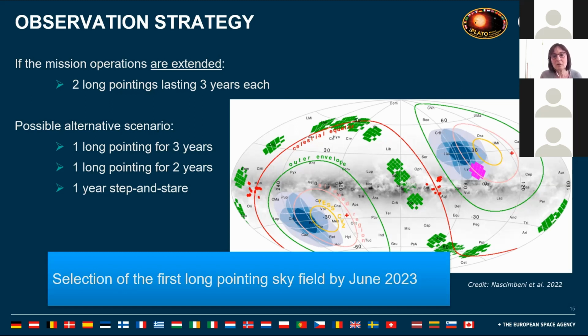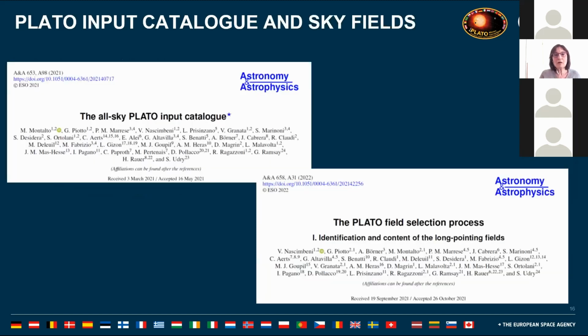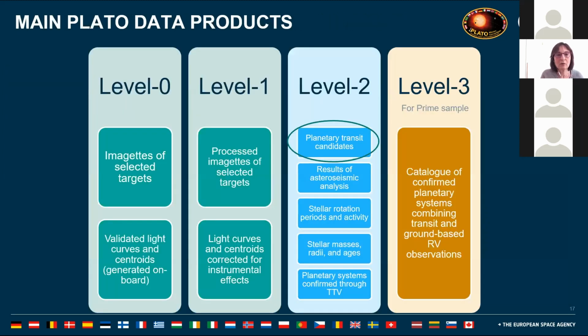If you are interested in looking in more detail, for example, at the All Sky PLATO Input Catalog, or how we are going to select the field, so basically what the figure of merit is, and what characteristics and criteria we are considering, there are these two papers, one by Montalto and collaborators, and the other by Nascimbeni and collaborators, in Astronomy and Astrophysics. So you can go there to take a look.